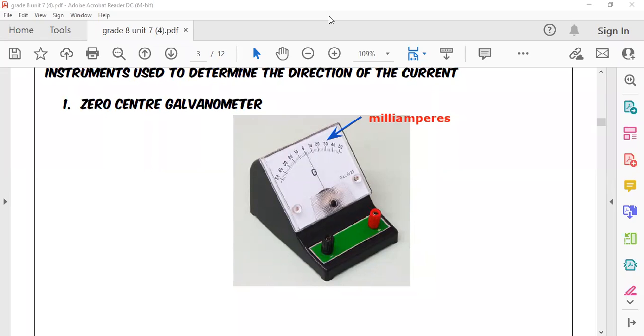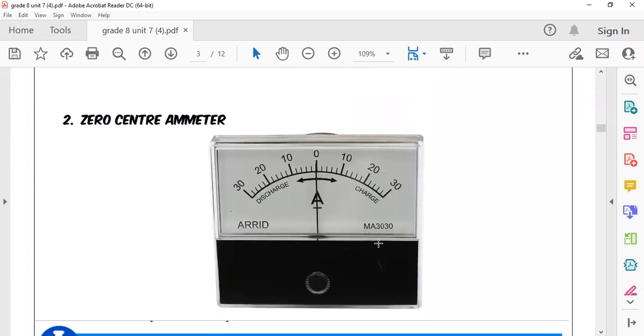I don't have a zero center ammeter in my hands, but it is also the same. The only difference is if you take a zero center ammeter, this unit is ampere. 10 ampere, 20 ampere, 30 ampere. Galvanometer is milliampere, ammeter is ampere. Are you clear?